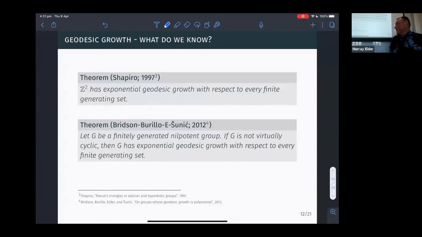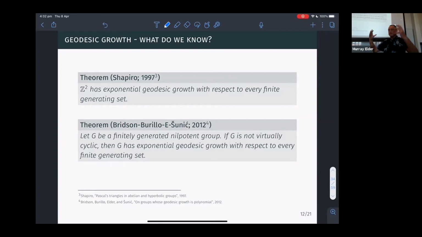That's what's going on with groups. So if G is a finitely generated strictly nilpotent group, so not virtually, just a proper nilpotent group, we essentially proved that you could push a Z squared inside it in such a way that the Z squared has exponential growth.